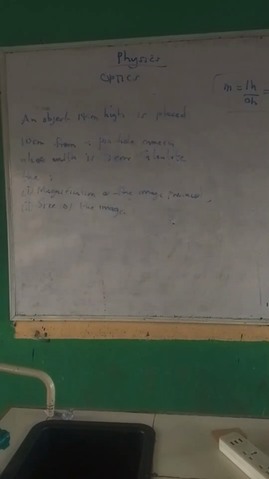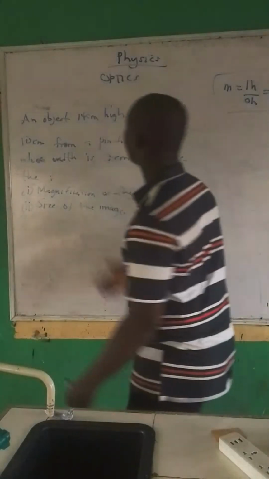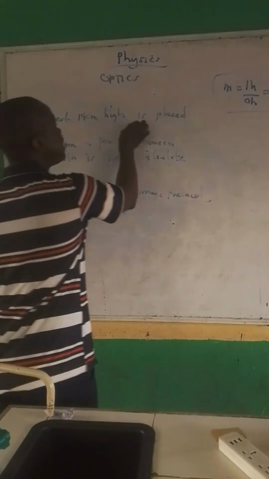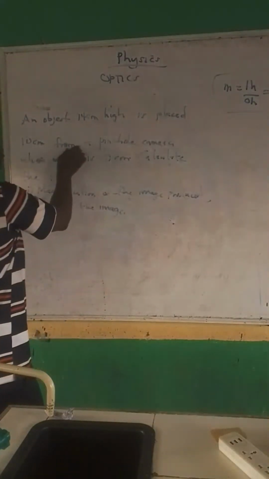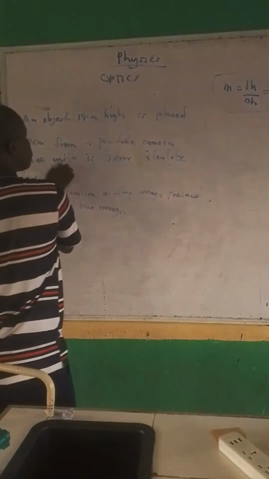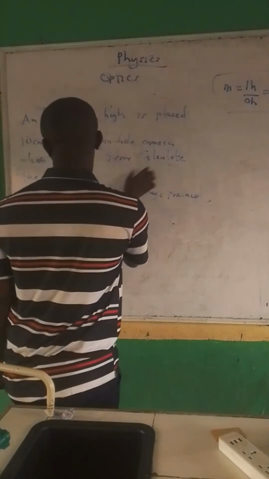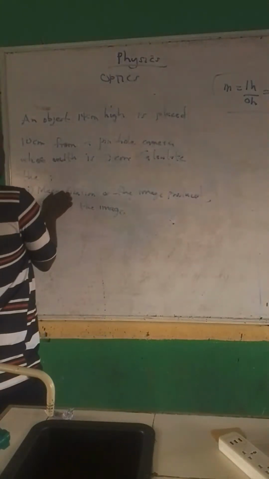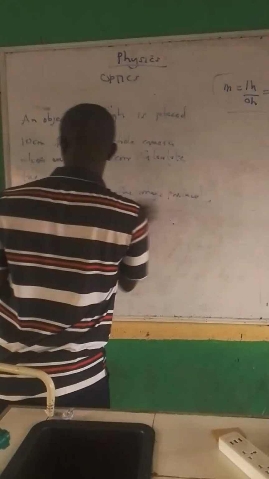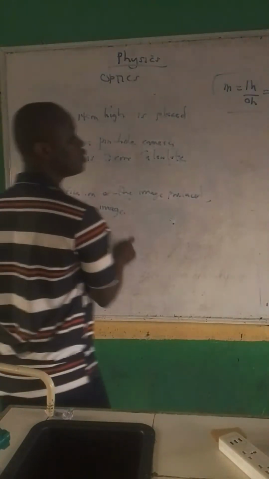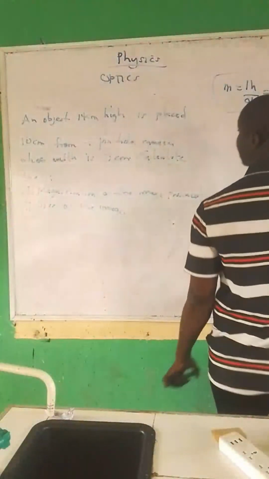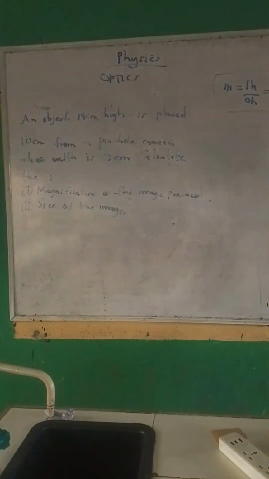Okay, let's continue. An object 14 centimeter high is placed 10 centimeter from a pinhole camera whose width is 7 centimeter. Calculate the magnification of the image produced and the size of the image. Alright, now how do you do this?